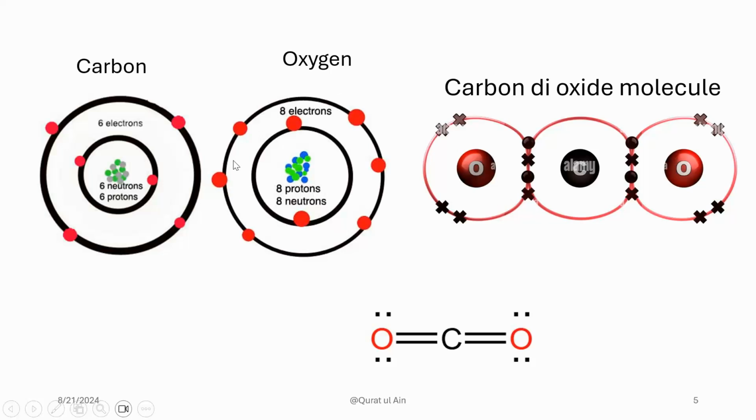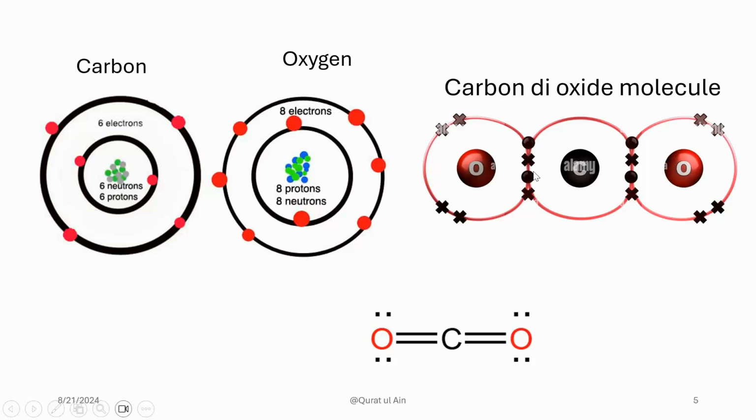So the 4 unpaired electrons of the carbon atom in the outer shell would be pairing with 4 of the electrons of the oxygen atom in the outer shell. What happened by doing so?